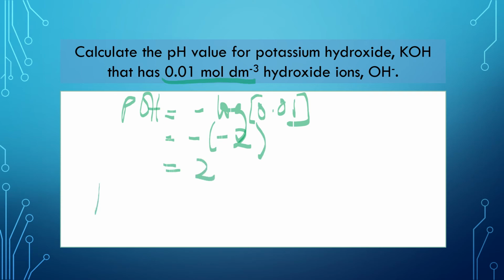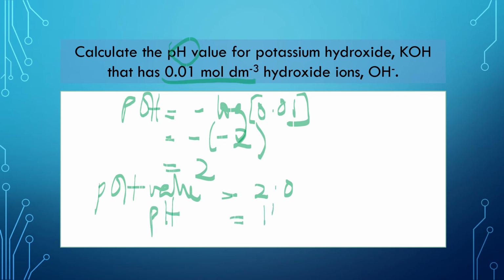And then you write the pOH value of potassium hydroxide solution is 2.0, 1 decimal place. But the question was to calculate the pH value. So the pH value equals 14 minus 2.0, 12.0, the pH value.